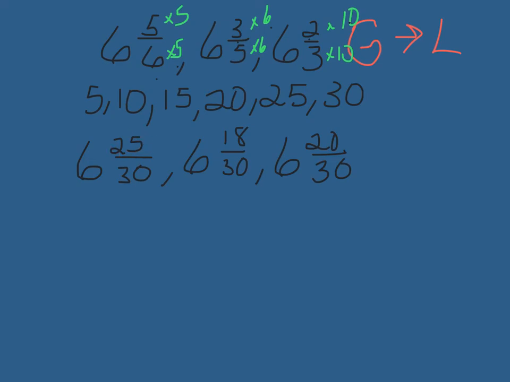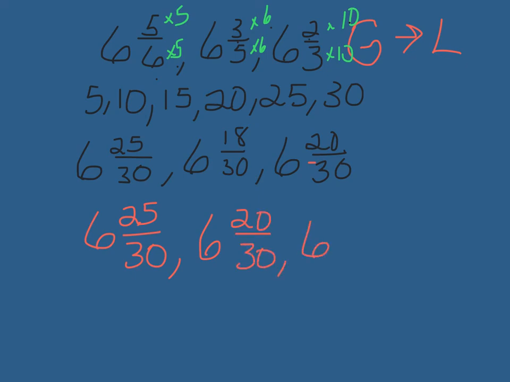So I'll write that right here. 6 and 25 over 30ths. That's my greatest number. My next one is this 20 here. So that would be 6 and 20 30ths. And my last one is 6 and 18 30ths. That's the least number.